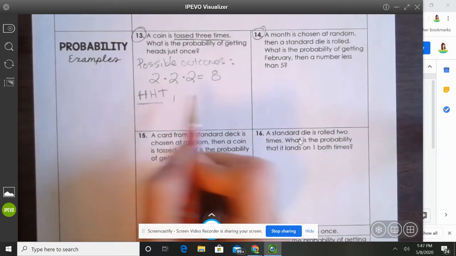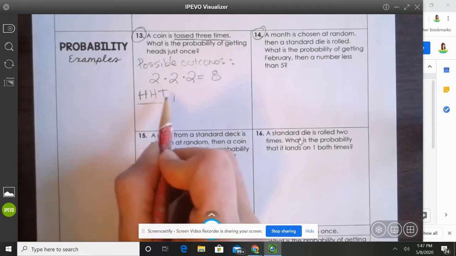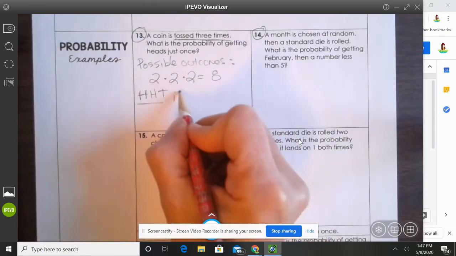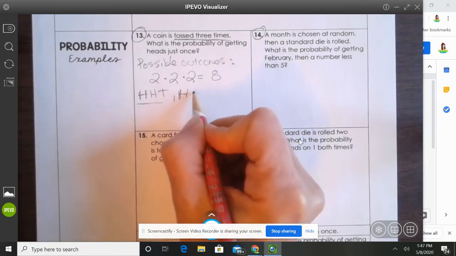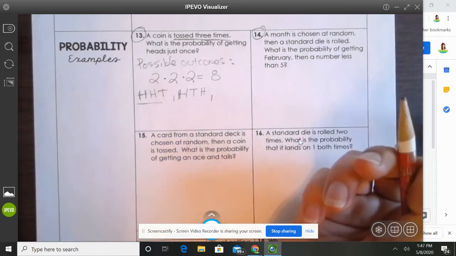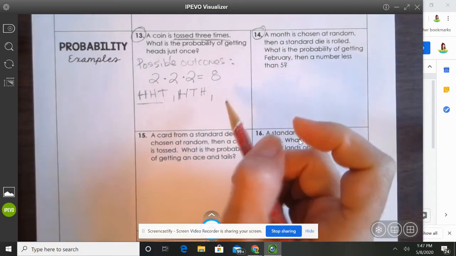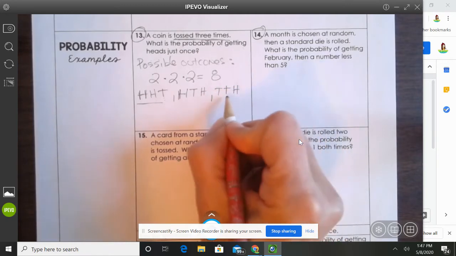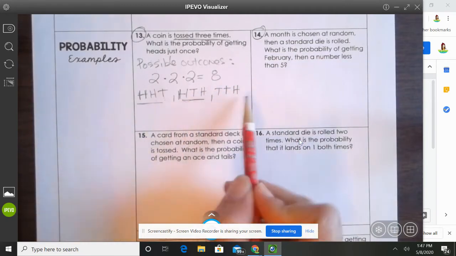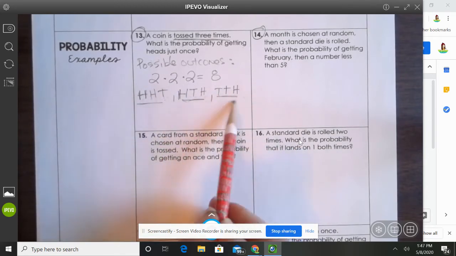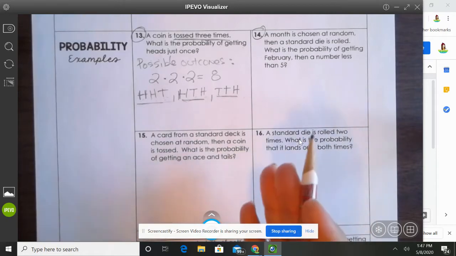The first combination is heads, tails, tails. Then another combination is tails, heads, tails. And then a final combination is tails, tails, heads. Notice that in each situation they're different, but these are the possible combinations that you can get.